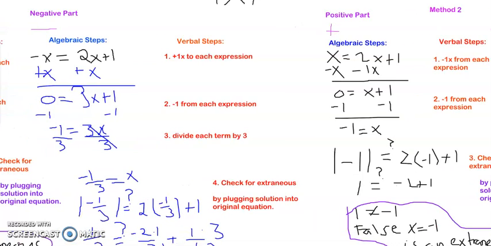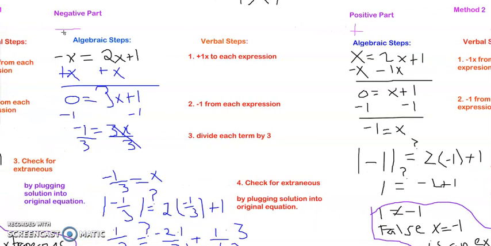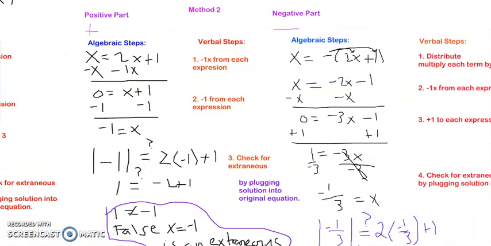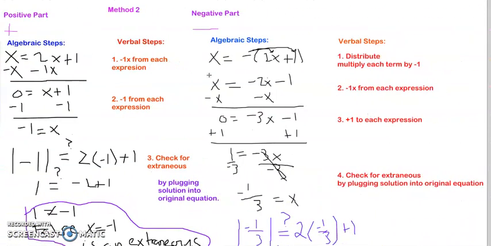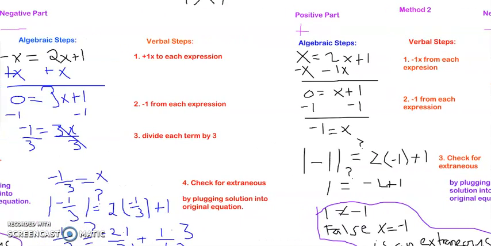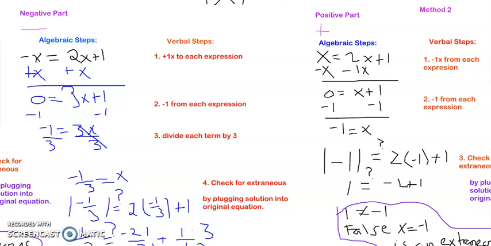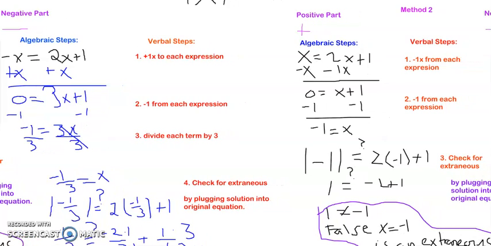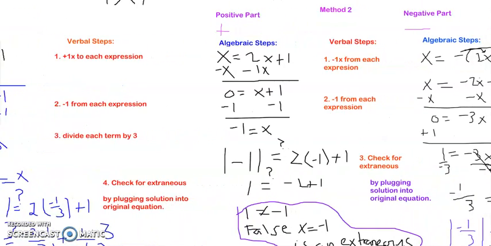The only thing that's different is that on method 1 you multiply the left side by negative and you leave the right side alone. And on method 2 you leave the left side alone and you multiply the right side by negative 1. Either method will always work. It's up to you to choose which one you like the best.